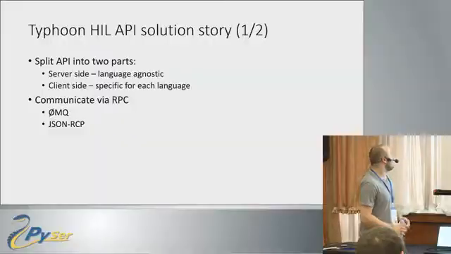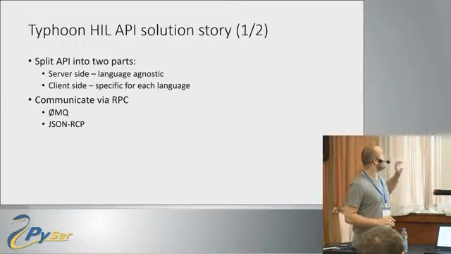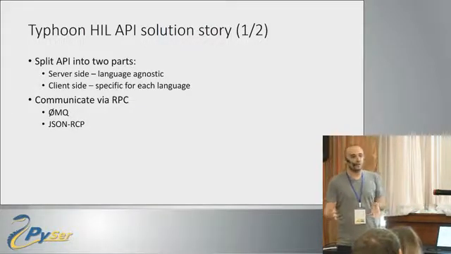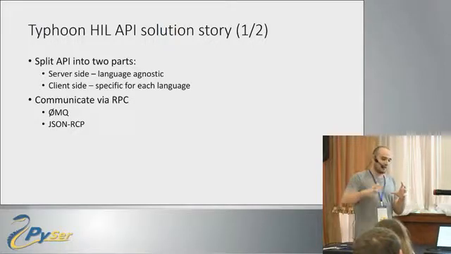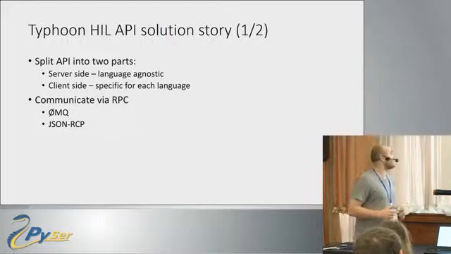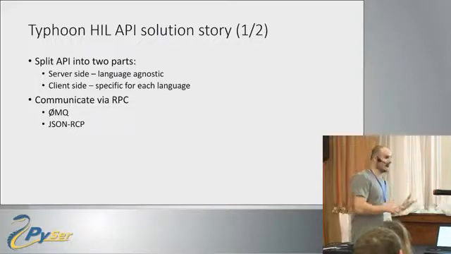We decided to split the API into two parts. One part of the API would be server side, the side that collects the requests. When it collects the request, it will contact the actual software, they will communicate, and then return the answer.